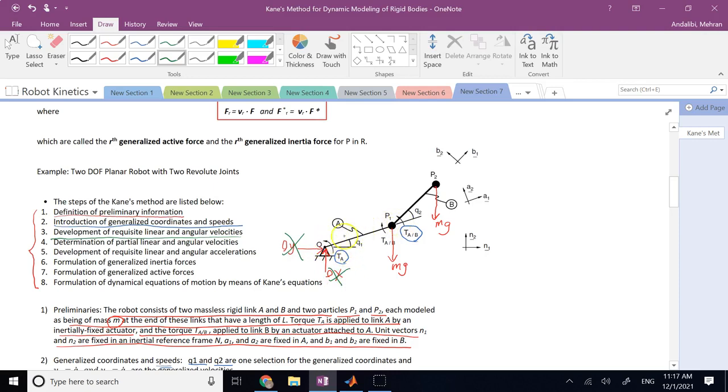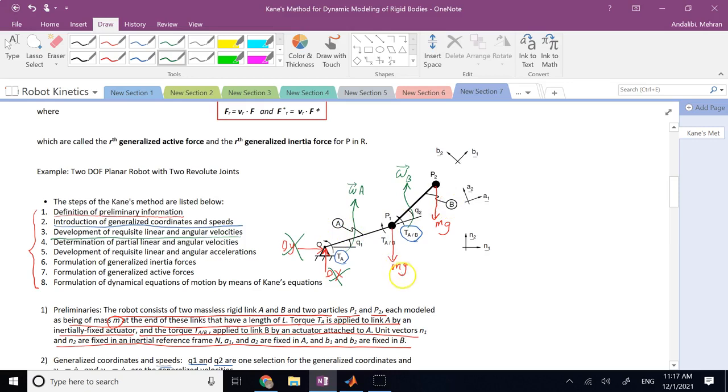Well, TA is to rotate link A. If link A is rotating and I call its angular velocity omega A, then omega A is one of the required angular velocities. The same thing for TAB. The goal of this torque is to rotate link 2. So if I call the angular velocity of link 2 omega B, then omega B is one of the required things. And you see here I call link 1 and link 2 A and B.